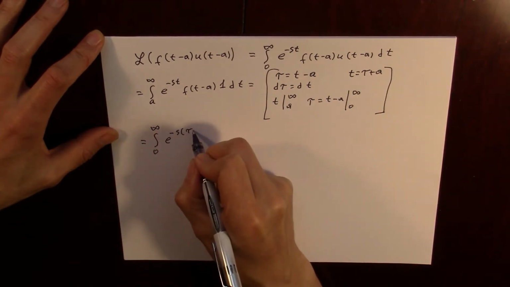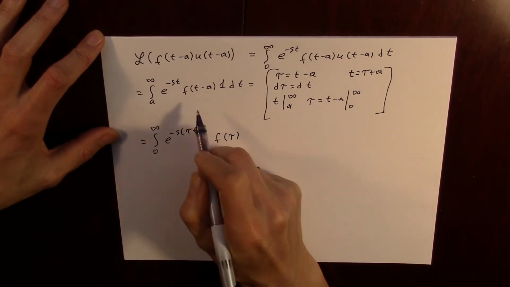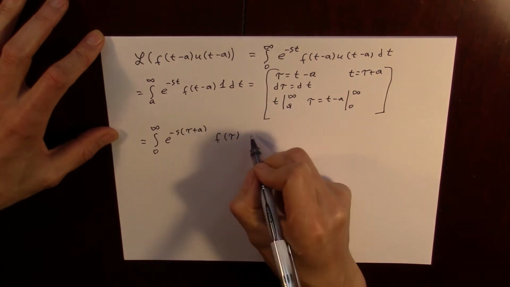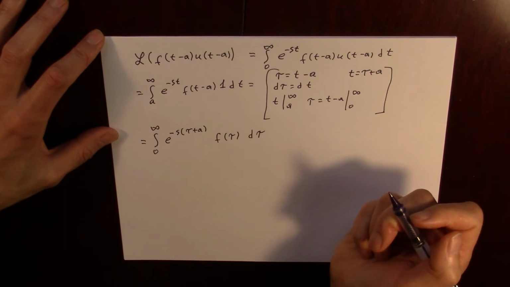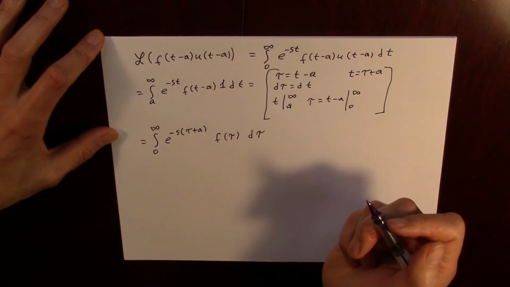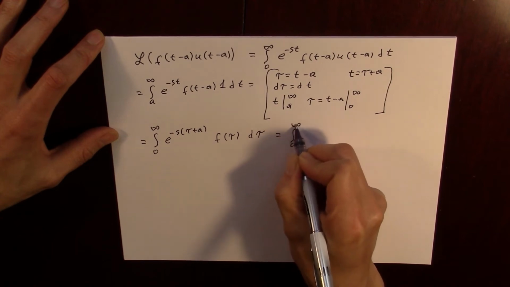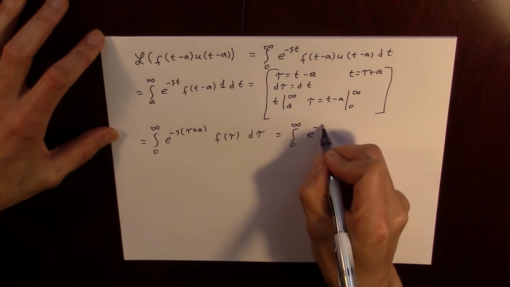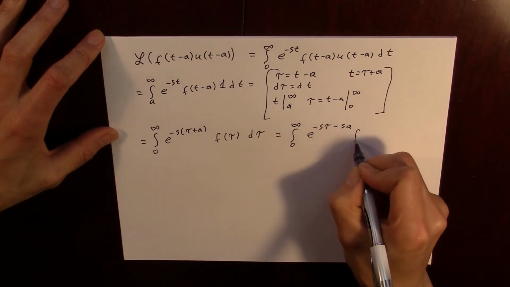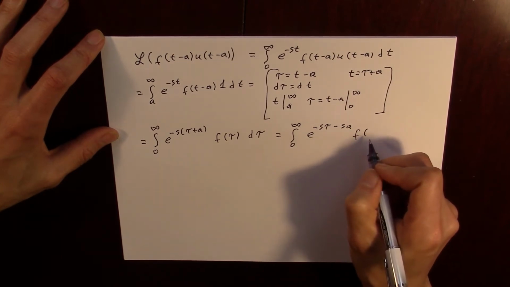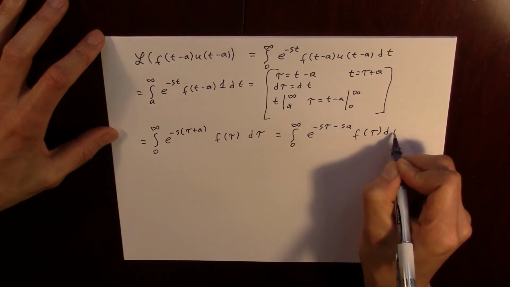f of tau, because tau equals t minus a, and dt equals d tau. So we're going to get the integral 0 to infinity of e to the negative s tau minus sa f of tau d tau.